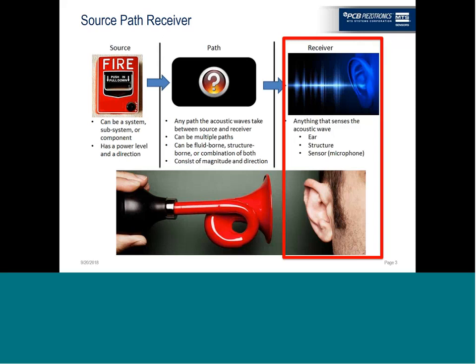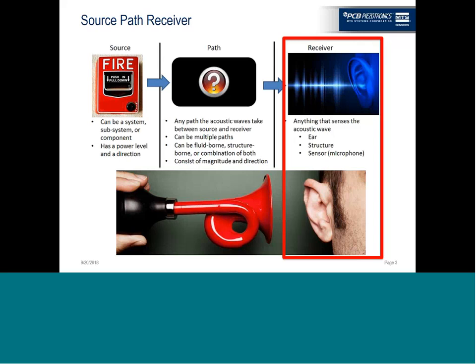The path is either the air or the structure around the source that is carrying the sound to the receiver, which is either an ear, another structure, or a sensor. In this case, we're going to start from the receiver end and work our way back. We're going to talk about measurements and what you're going to do with those measurements in order to make sense of them in your own post-processing.